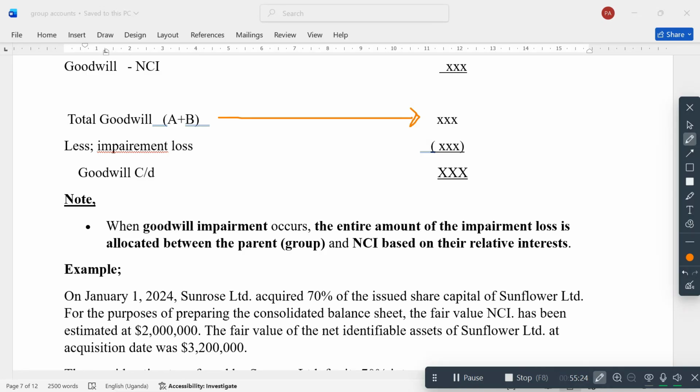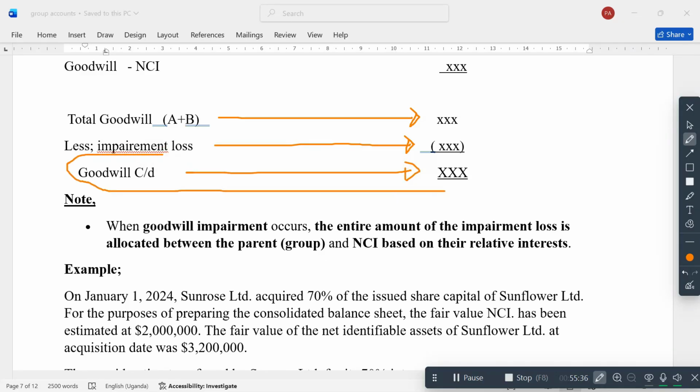Please subtract it. It reduces our amount for goodwill, and the remaining balance carried down is the goodwill we shall take to our balance sheet. Don't jump. I'm going to show you another way. Instead of using this way, I can give you another way of calculating this goodwill, and either way you will get the same answer.